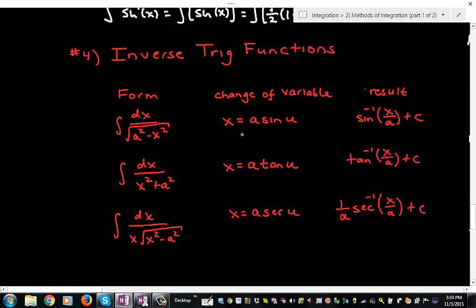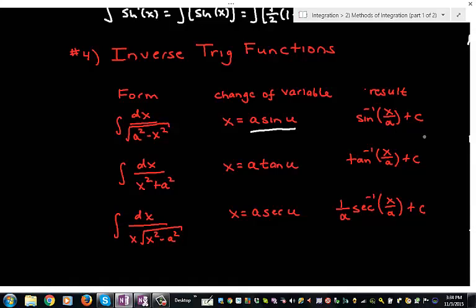We don't write u is equal to something. Instead of writing u is equal to a function of x, we write x is equal to a function of u. And the specific function that we use is a sine u. And it turns out when you make this change of variables for x and you do the integration, you end up getting arc sine of x over a. Okay, and I'll leave that as an exercise. It isn't hard to do.